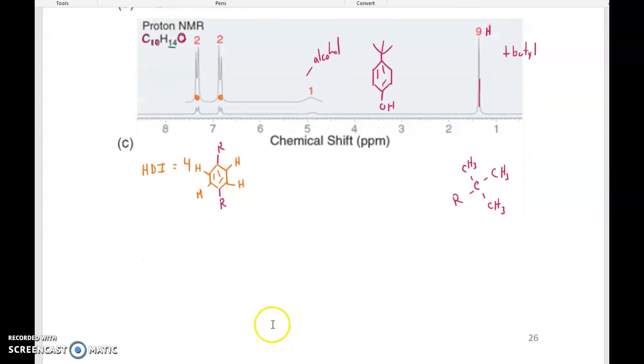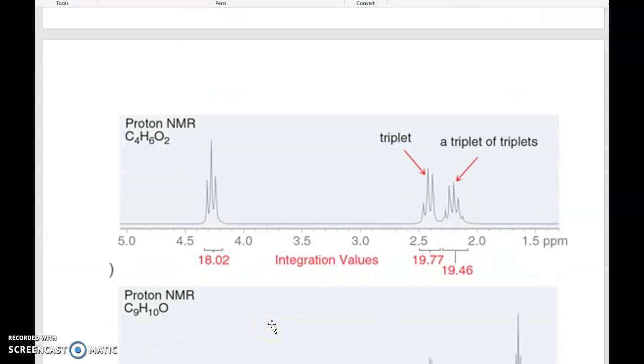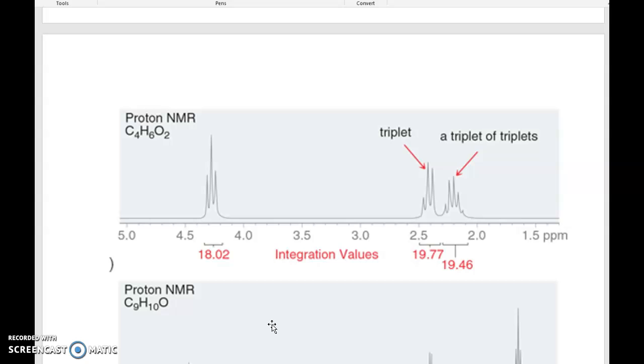So let's look at the next one. So we have a molecular formula of C4H6O2. It indicates that our hydrogen deficiency index is going to be equal to 2.